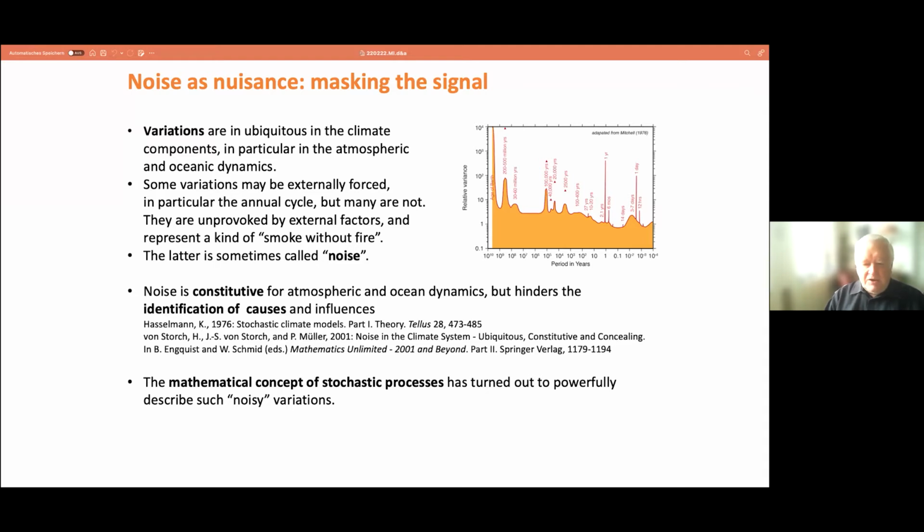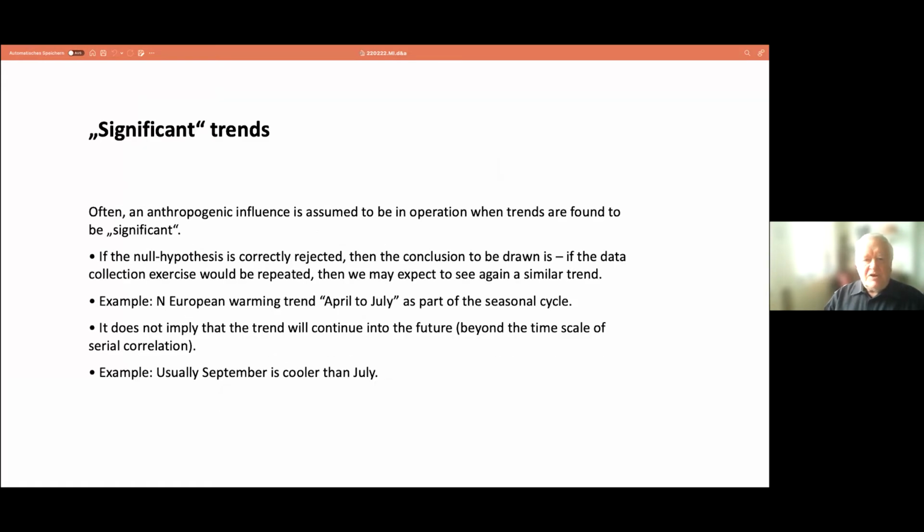And we also later, 25 years later, had a paper on the role of noise in the climate system in a collection in Mathematics Unlimited. Here, the mathematical concept of stochastic processes has turned out to be powerful in describing such noisy variations. So stochastic processes and randomness are all mathematical concepts which are useful.